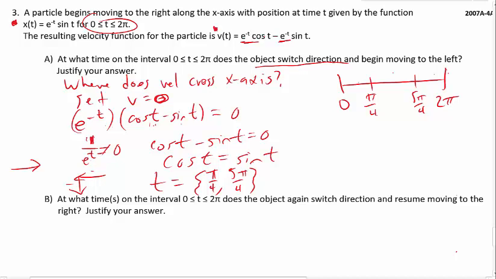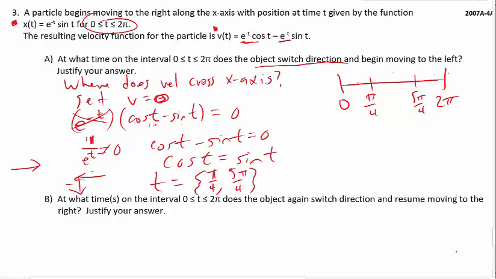So I could use pi over 6 to represent a number on this first section of graph. Look, I know that e to the negative t is always going to be positive, because 1 over e to the t will always be 1 over a positive number. So I don't even really care about that. That's going to be positive no matter what.